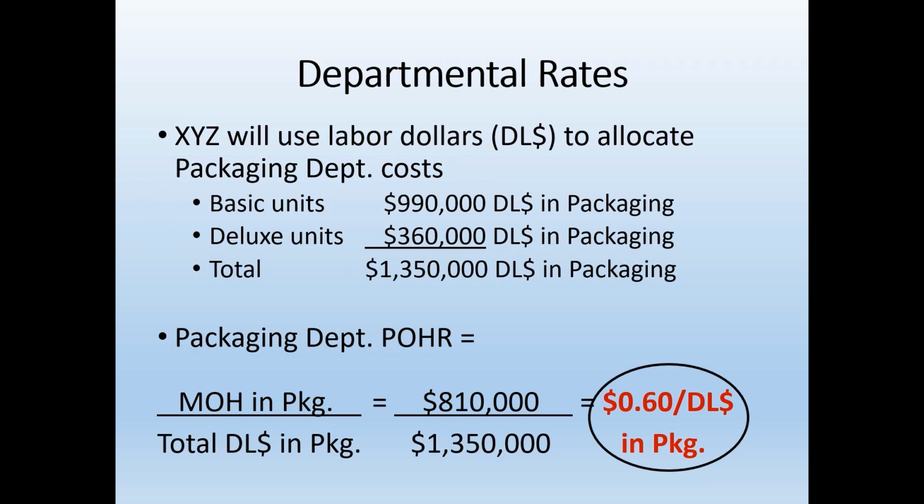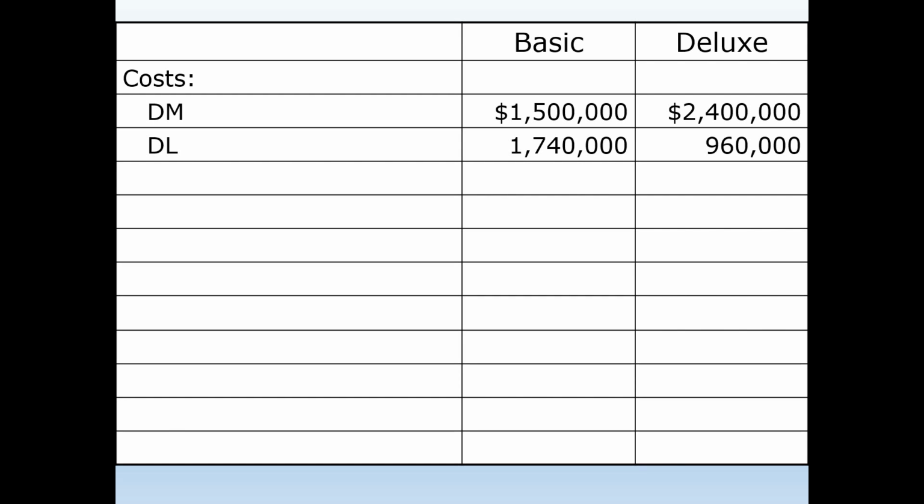When we divide that out, we find that XYZ should assign 60 cents of packaging department overhead to either product for each direct labor dollar that the product uses in the packaging department. XYZ can now use this information to determine the cost per unit for its basic product and its deluxe product.